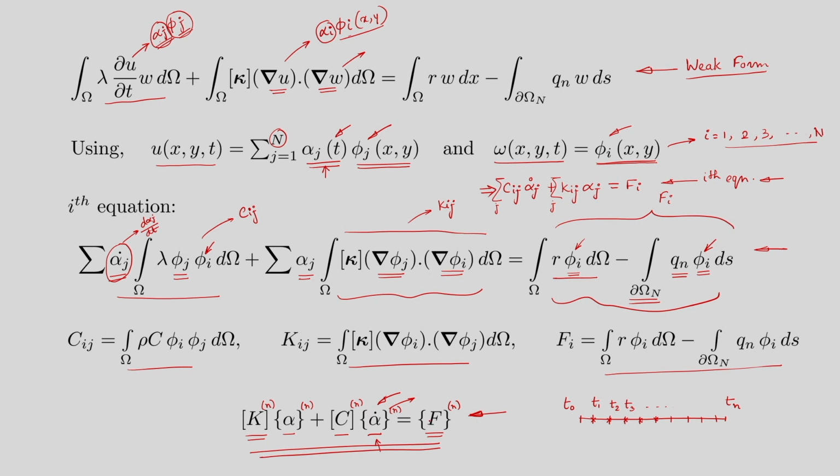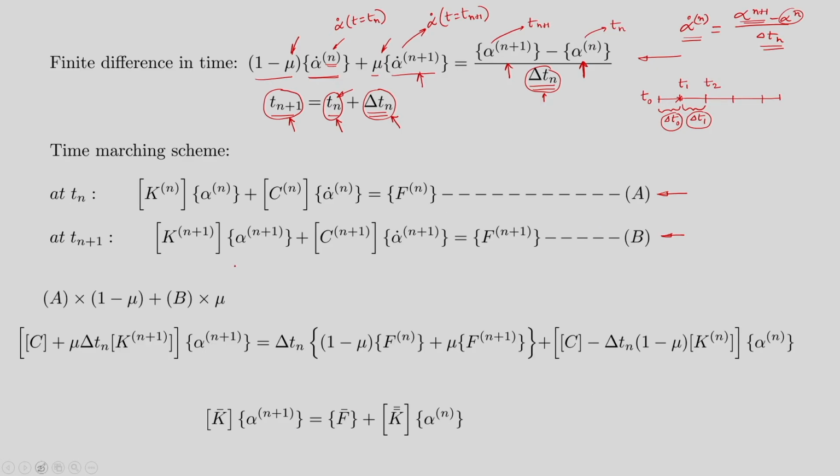So, I am writing the equilibrium at time t equal to t n. The same equation referred to by the superscript n plus 1 denotes that I am writing the equilibrium at time t n plus 1. So, we have written both n and n plus 1.